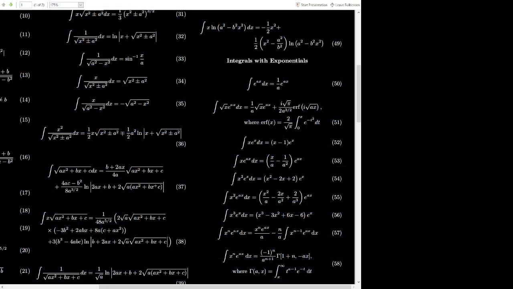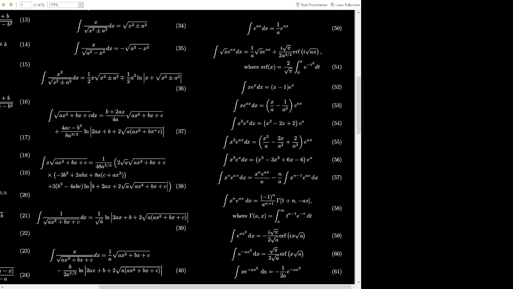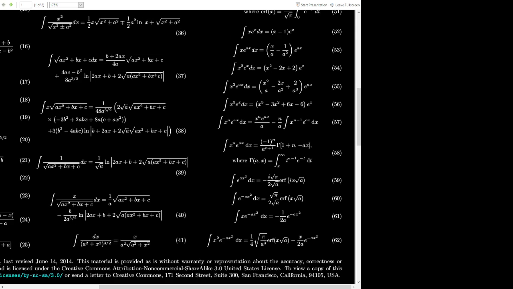When I look at this integral, I am quickly seeing that I have exponentials. So the first place I'm going to look is my integrals with exponentials listing, which has quite a few entries, but not really anything that looks like what we have.